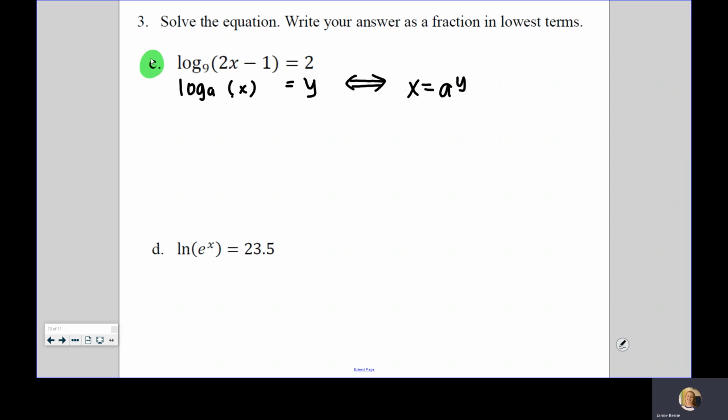The only difference here from what we've been doing the last couple of examples is that now instead of having x, we have a little expression in there, but that's not going to change anything. See, a is 9, x this time is 2x minus 1, and y is 2.